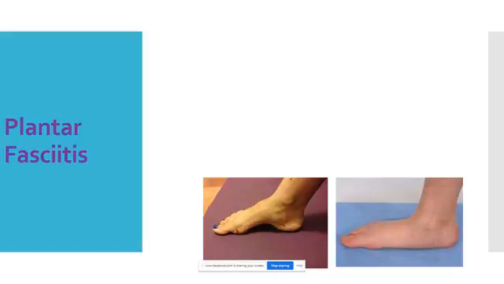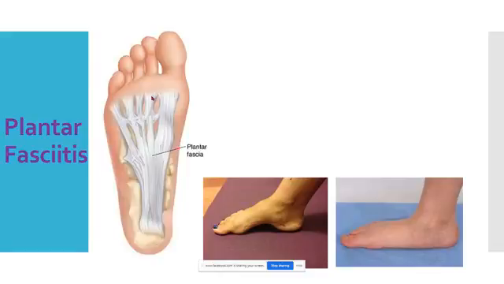But if you don't have that arch, then you're going to get excessive forces in all the wrong places, and that's when you run into pain and problems.